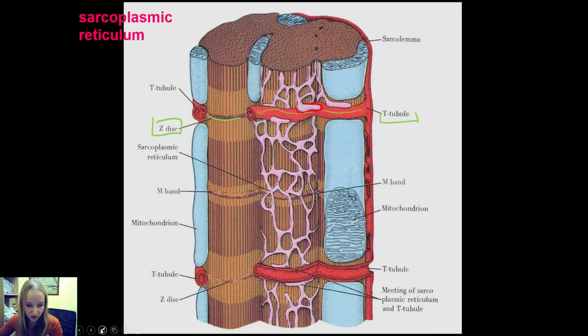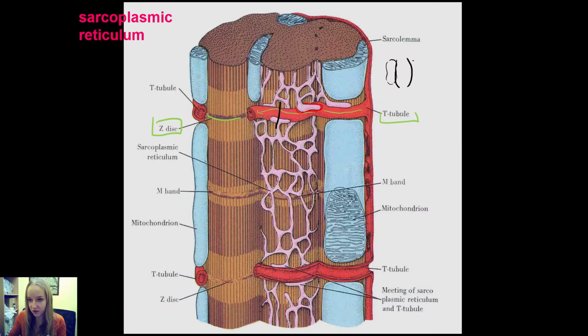Sometimes when you do a section and look at a picture from an electron microscope, we saw a triad, and if you want to see a dyad at the Z line right here, we're going to dissect it somewhere here, so we'll probably be able to see this widening of a sarcoplasmic reticulum, this pink thing here, and a T-tubule next to it.